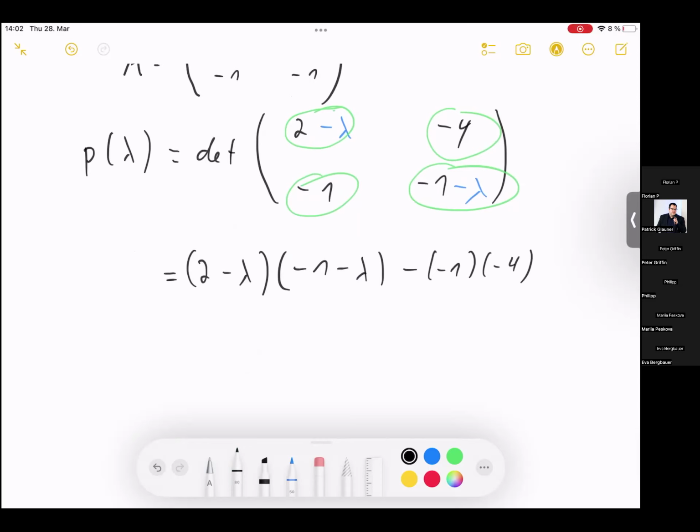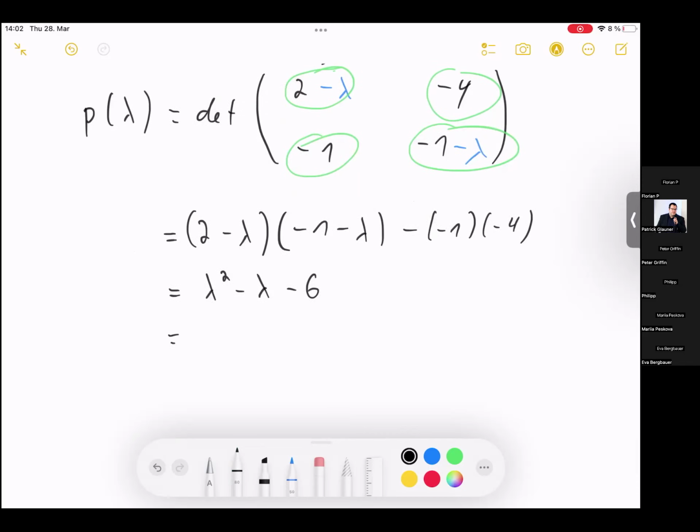And I can write this out, and eventually it gives me something like lambda squared minus lambda minus 6 from my notes. And I can write this as a factor, which is lambda minus 3 times lambda plus 2.